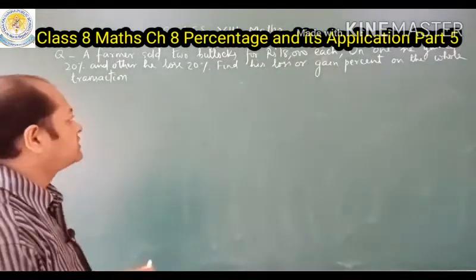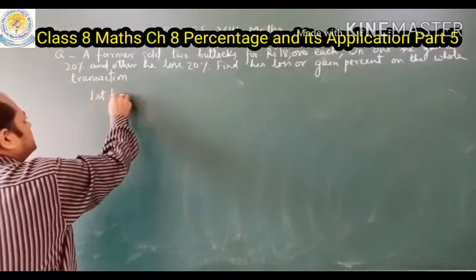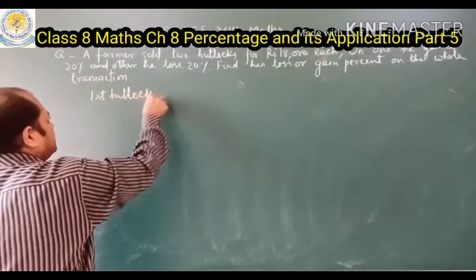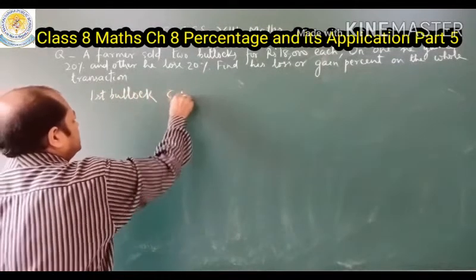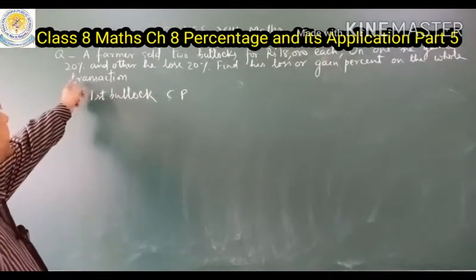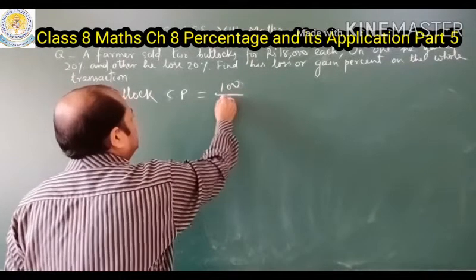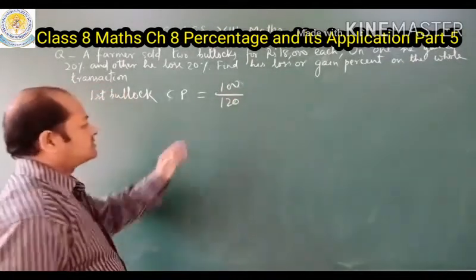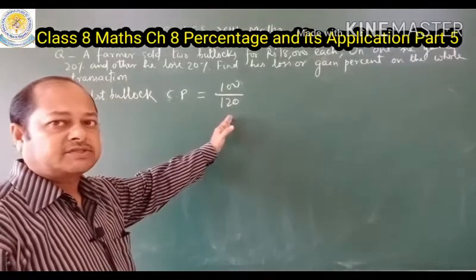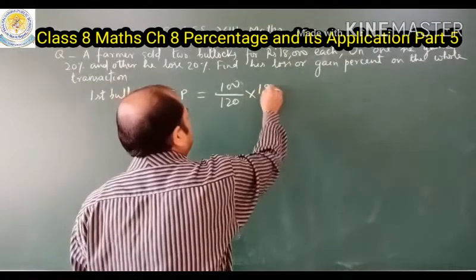Okay, so the first bullock: CP equal to, in the first case he gained 20%. So CP equal to 100 upon 120, because 100 plus the gain percent 20, into SP. How much is SP? 18,000.